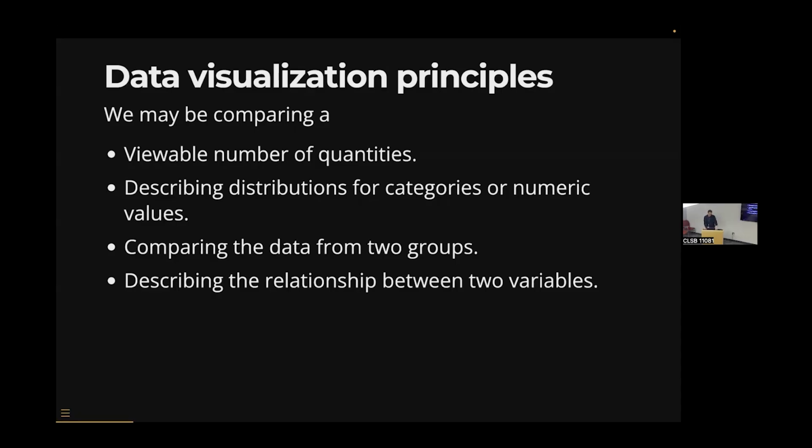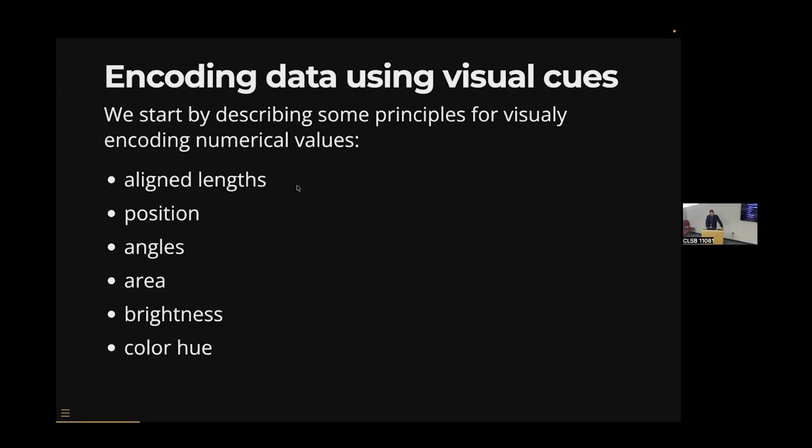And these are some of the tasks we try to do. We can describe distributions. We can compare data from two groups. We can compare relationships between two variables. These are all kinds of things that we try to show with plots. So to do this, we have available to us to show numbers as something you look at, there are 6 approaches you can use.